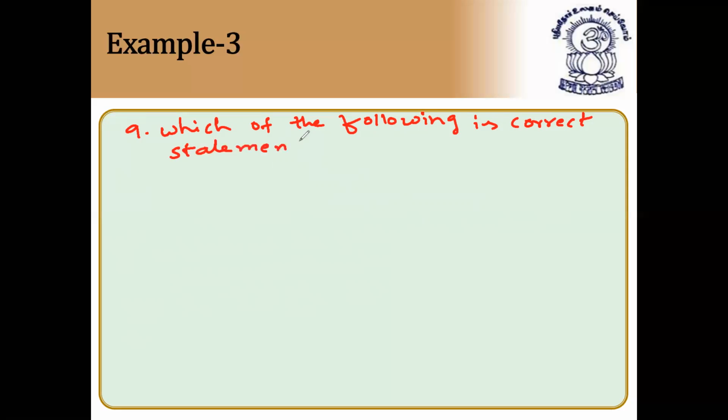These are the questions based on general properties. That's why I want to discuss them, because these questions are most important. Option A: F2 has higher bond dissociation energy than Cl2. What is BDE?